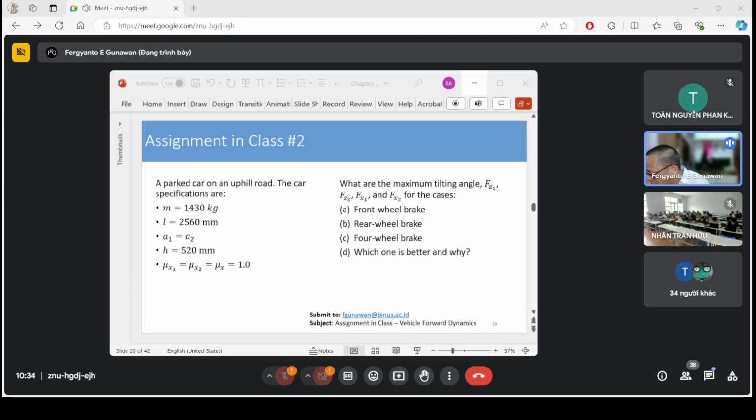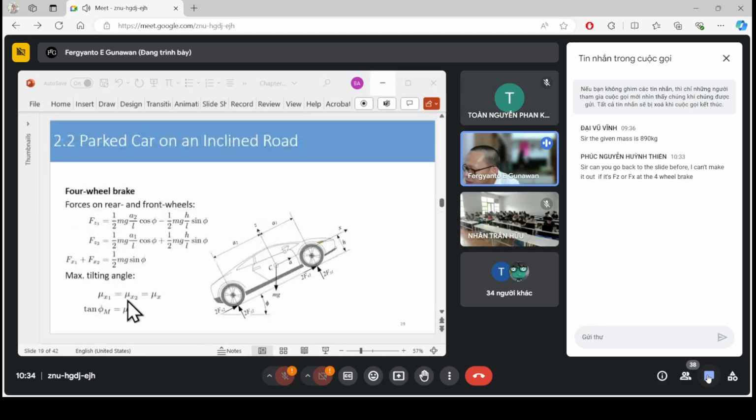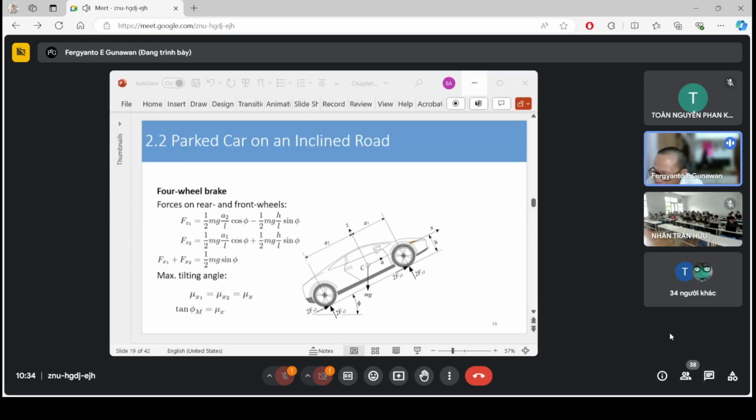Okay, what is the question you have? Oh, okay, I will show you the slide. Just a moment. This is the picture for a four-wheel drive. Can you see the slide?